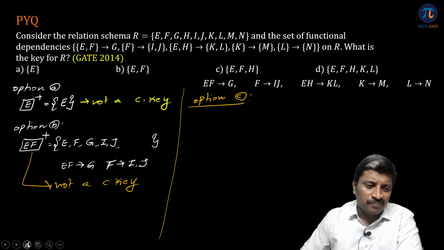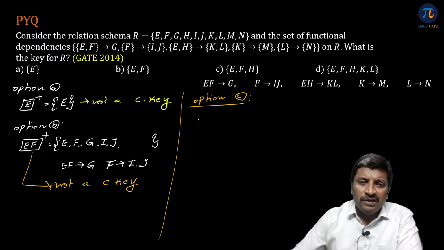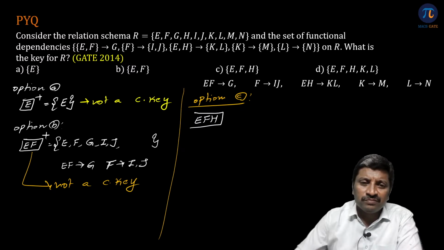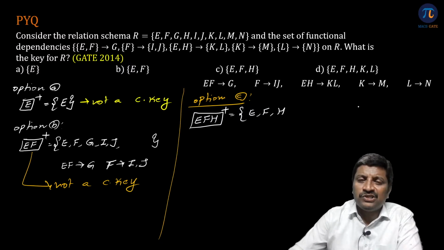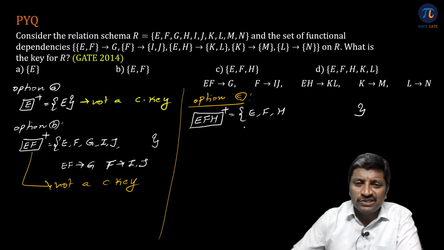Option C. E, F, H. What is the closure of it? E, F, H. Any other possibilities? Yes. E, F implies G. F implies IJ.